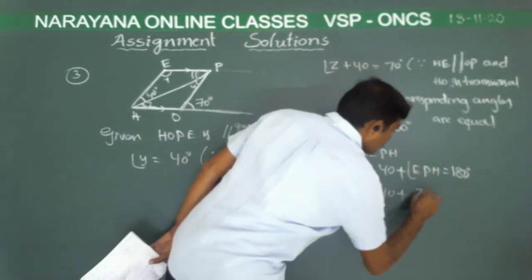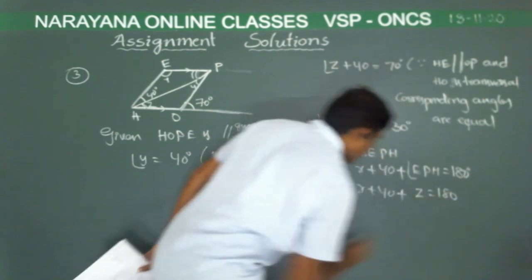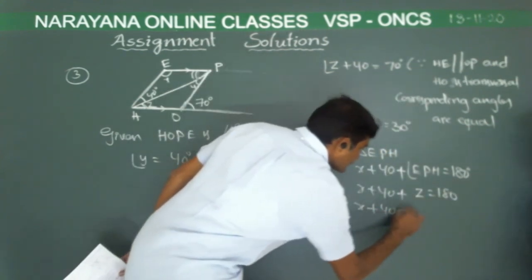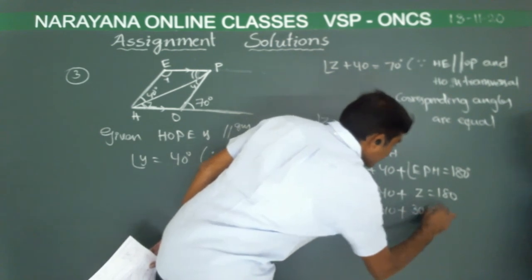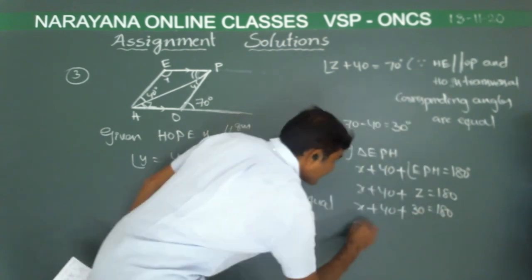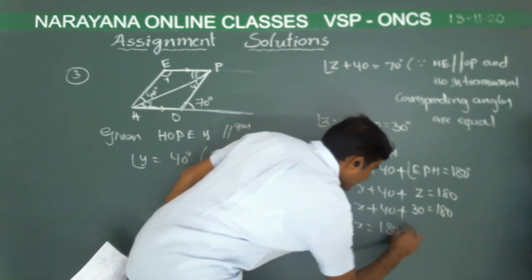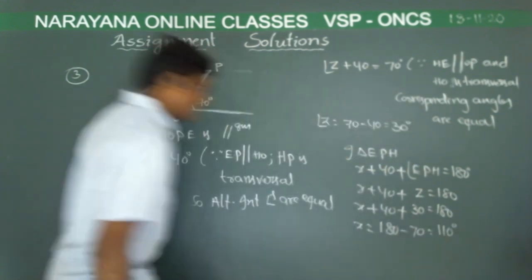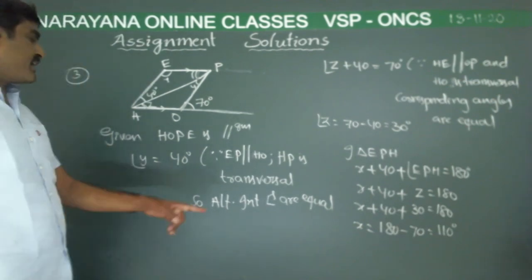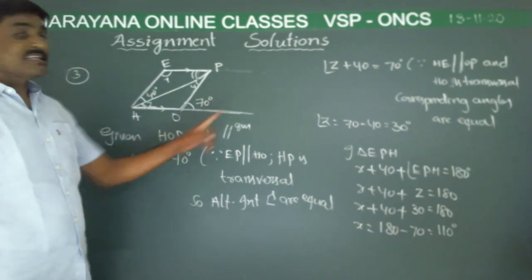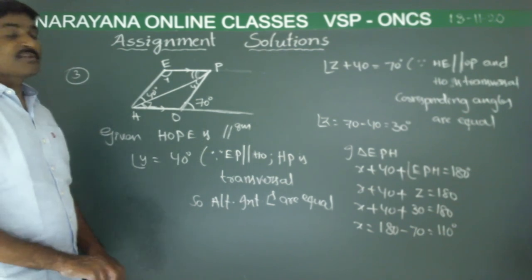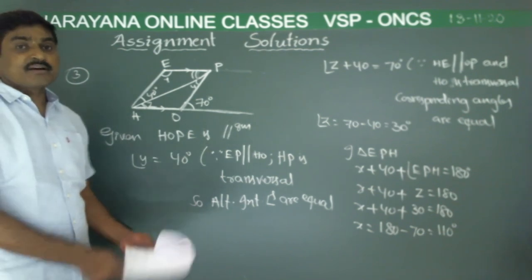So x plus 40 plus Z, where Z we already found is 30, is equal to 180. Then x is equal to 180 minus 70, which is 110 degrees. So x is 110, y is 40, z is 30 degrees. This is the third sum solution. Let us move on to the last question, the fourth one.